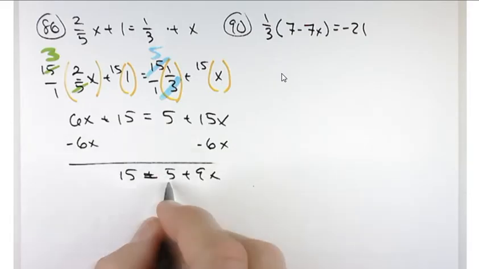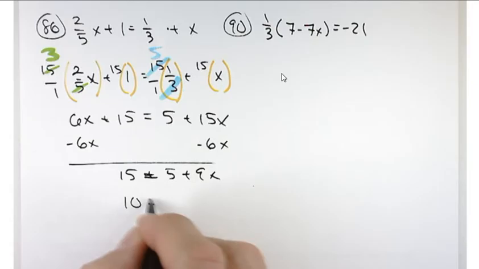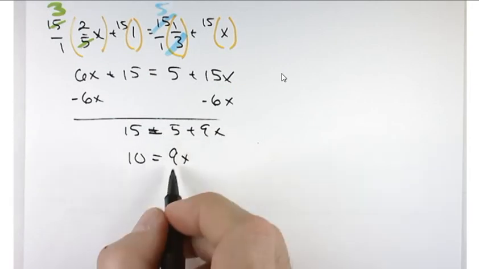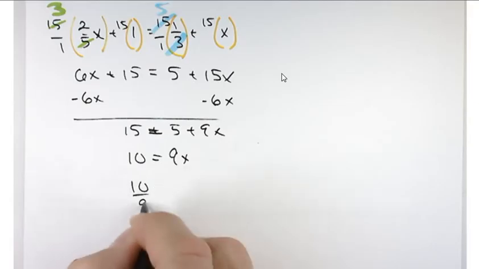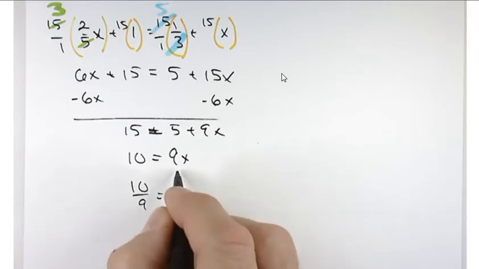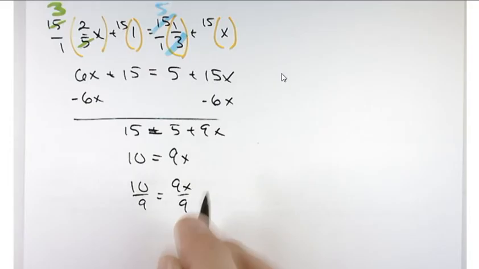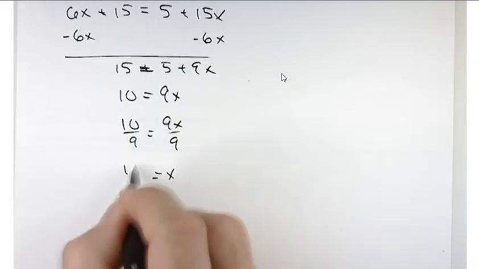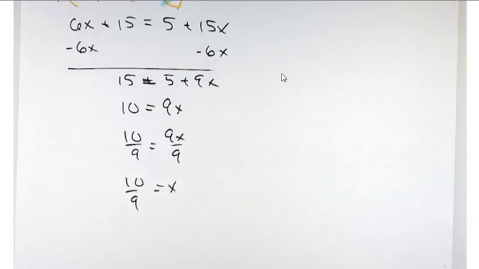Subtract 5 from both sides. And last but not least, divide by 9. If I divide by 9 on both sides, then the right-hand side is going to cancel. I'm just left with x is 10/9. Yay.